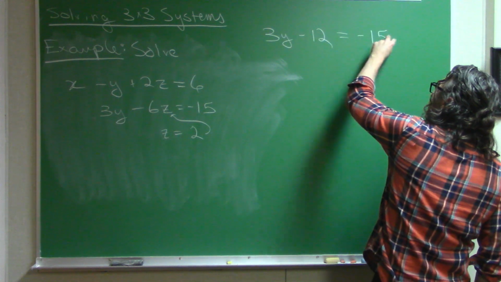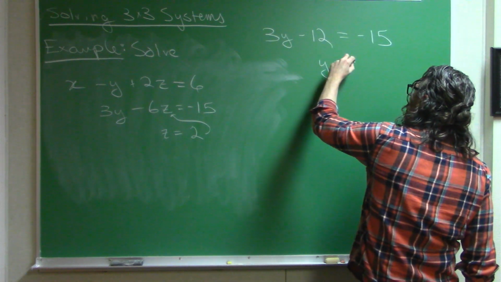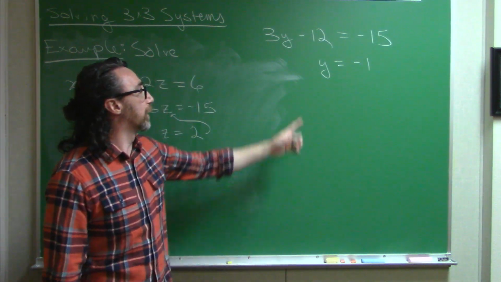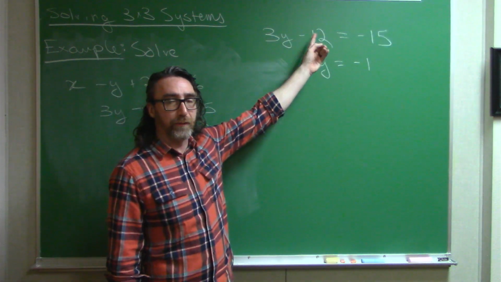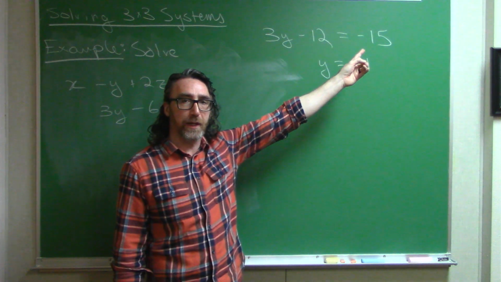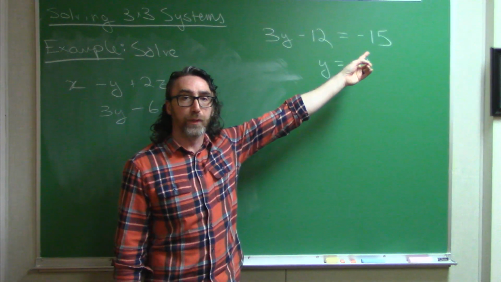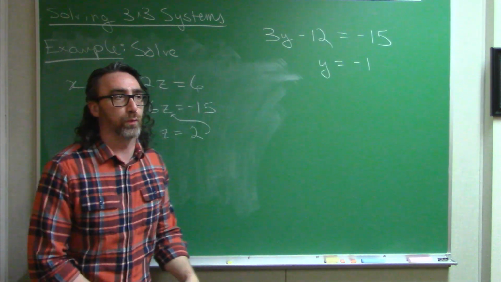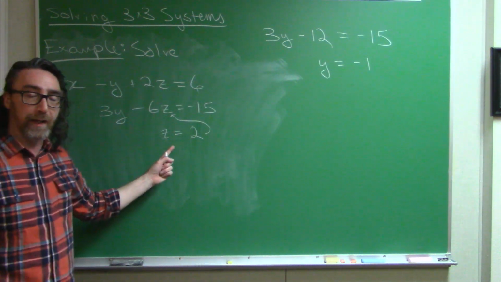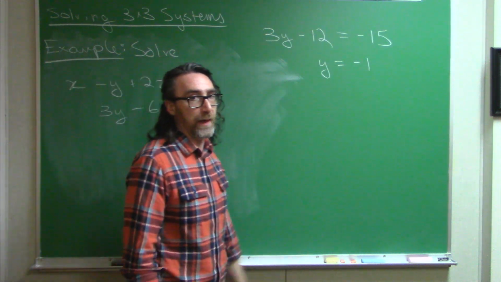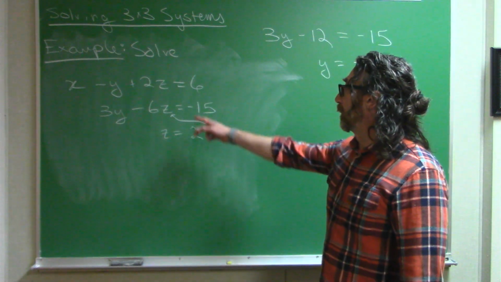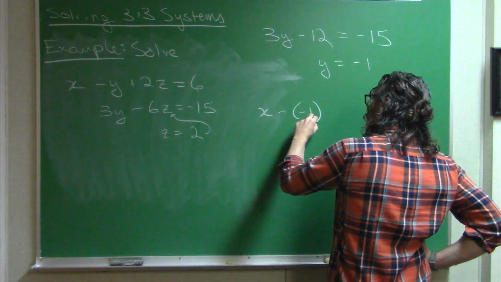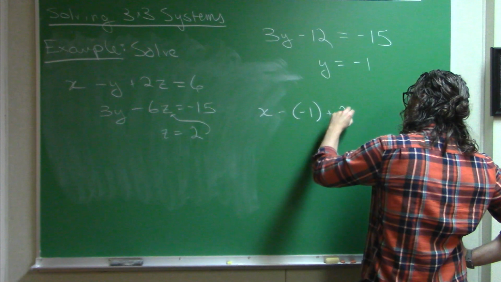To get y by itself, I would add 12 to both sides, giving me a negative 3 on the right-hand side. 3y equals negative 3 implies y equals negative 1. So now I have the value of z, and I have the value of y. I take both of those and go up to the first equation and substitute those in.